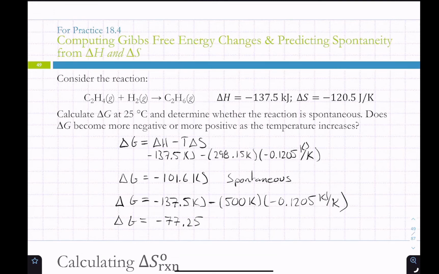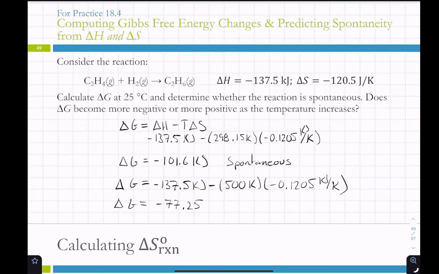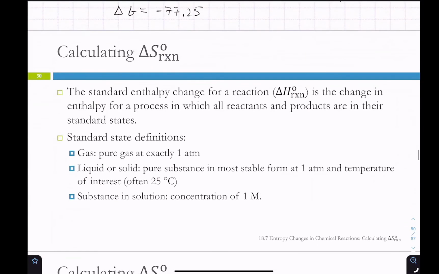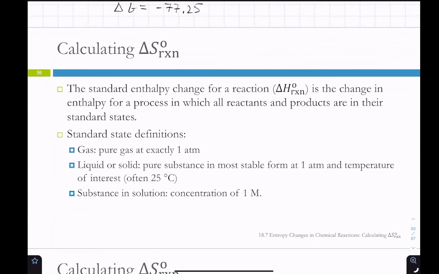All right, so what is this delta S number? Where did that come from? With standard enthalpies, if you remember Chem 1, those are all based on standard states.